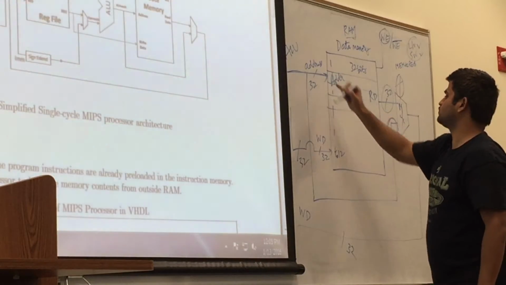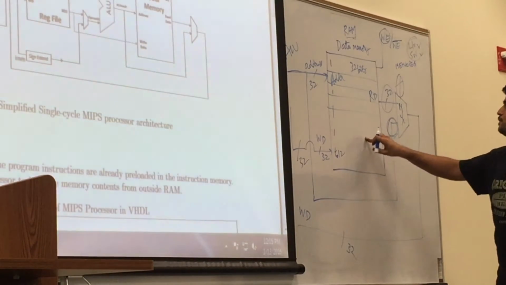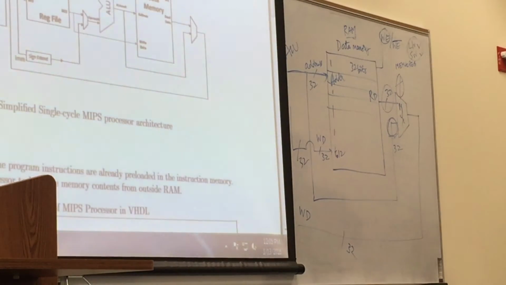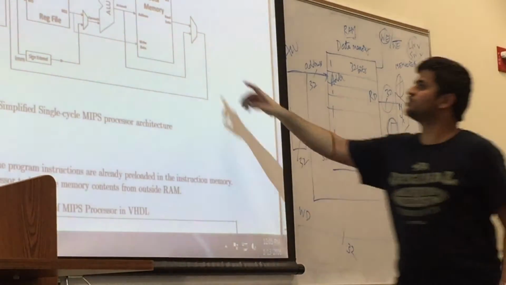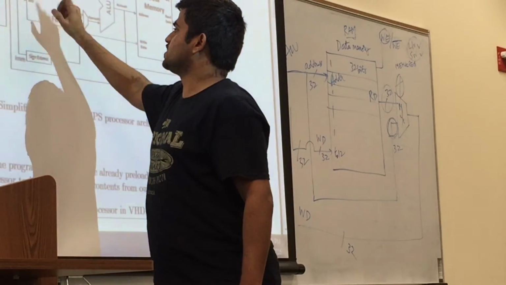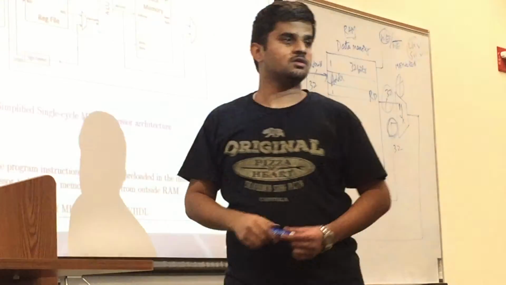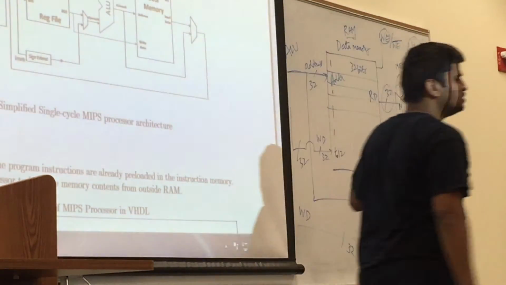This address specifies where exactly you will be writing or reading the data in the data memory. So this is the operation of data memory, and the data coming out of the mux will be written inside the register file. The address will be specified using this RD. Any questions? Yes.